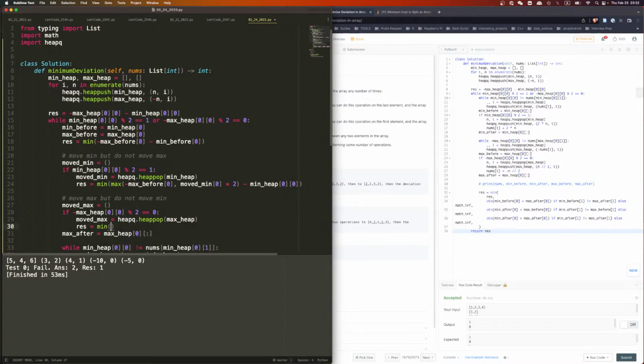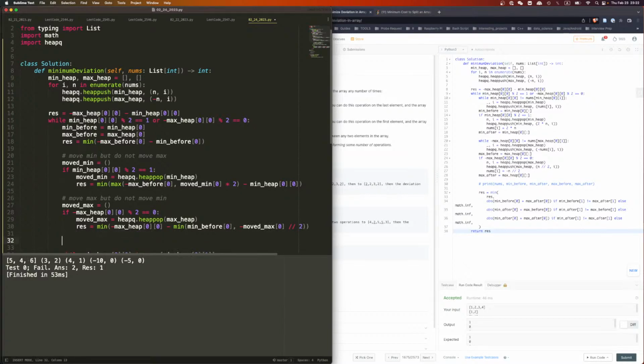Well, actually, it would be the current max minus max heap[0], because I don't move min, so this is moved max, minus the minimum of min before or moved max[0] divided by 2. Of course, it's negative, right?